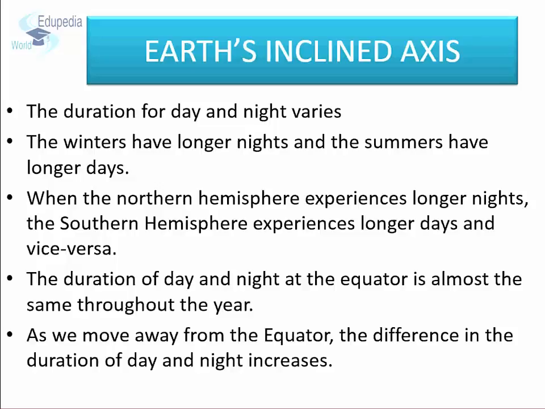When the northern hemisphere experiences longer nights, the southern hemisphere experiences longer days, and vice versa. The duration of day and night at the equator is almost the same throughout the year. As we move away from the equator, the difference in the duration of day and night increases.